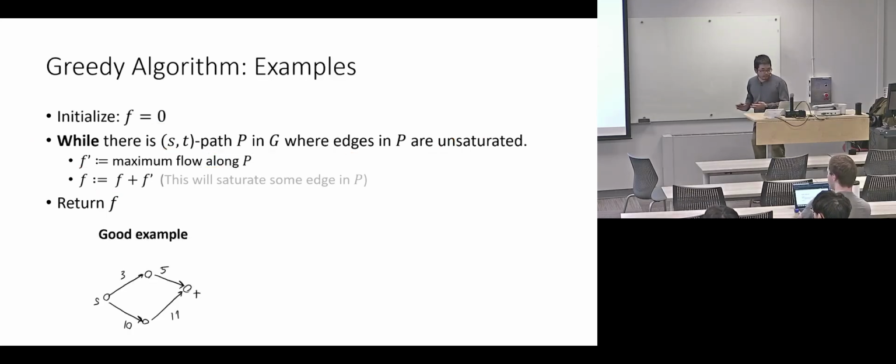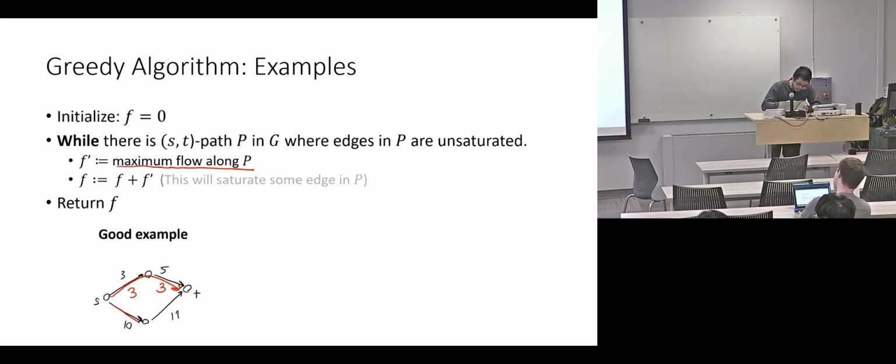And this makes sense, at least in this example. This is a good example, right? You find this ST path, this is not saturated, and you send the maximum flow along this path. So send 3 and 3. And again, go to the next path.